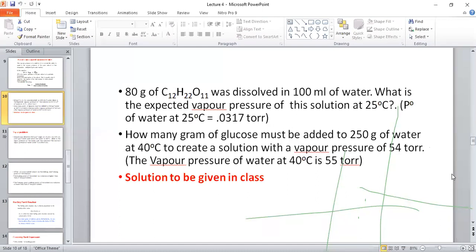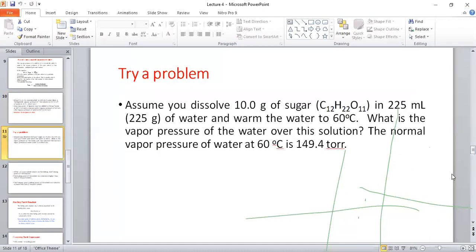If you cannot successfully attempt it now because of time, because I have to move on, I'm going to load this lecture on LMS immediately after this class, so that on Wednesday I can see who has been able to calculate this. This is another problem I want you to also try.